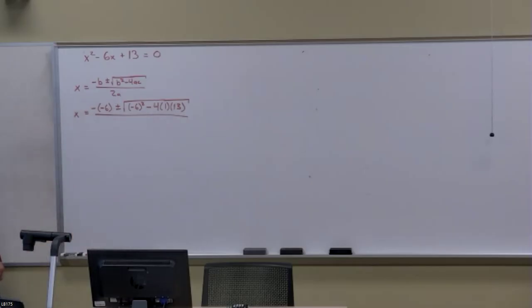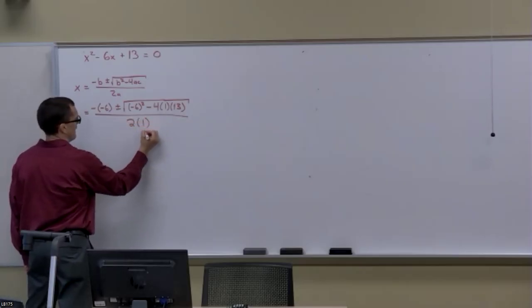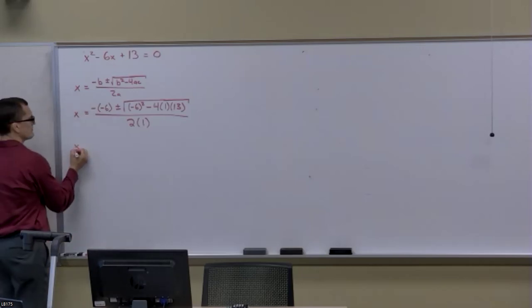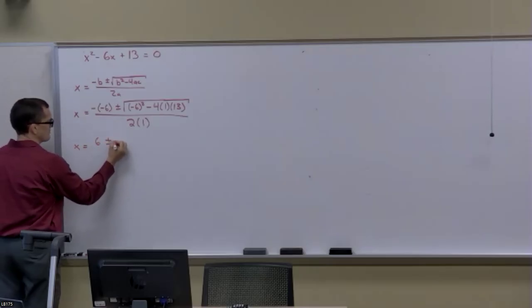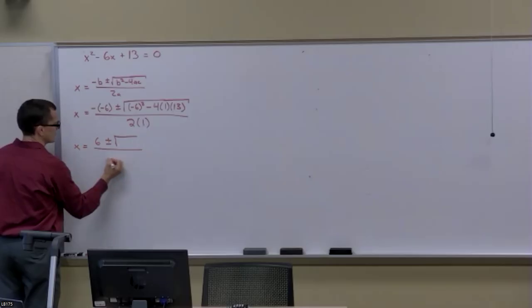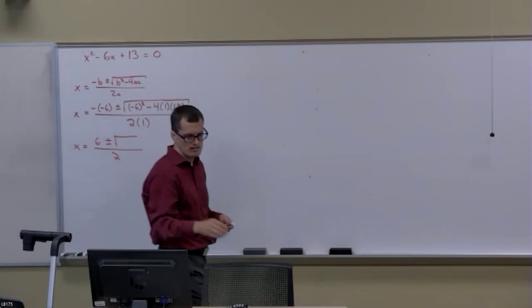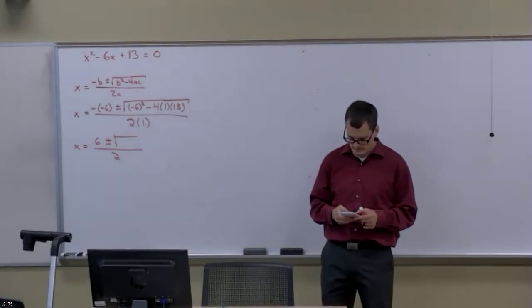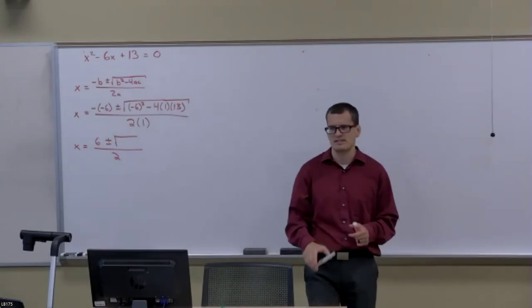So 4 times 1 times 13, all divided by 2 times A, 2 times 1. So we're going to get a +6 plus or minus something inside the square root. That's what I'll type into my calculator. That's a -16 underneath that square root.